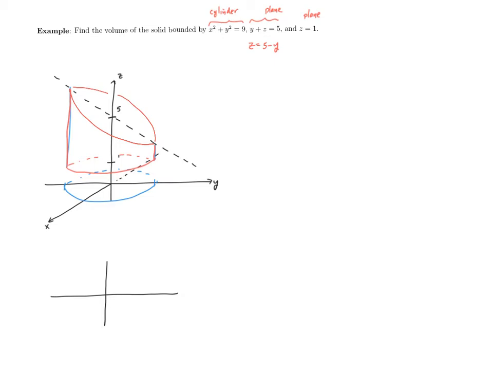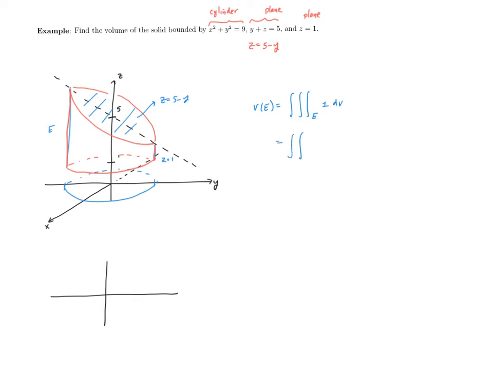So in red, we have a representation of this solid. To add a little bit of depth, we can think of the top as being the plane z equals 5 minus y, and below as being z equals 1. We should be in an ideal situation now to set up this triple integral. So the volume of E would be the triple integral over E of the function 1.